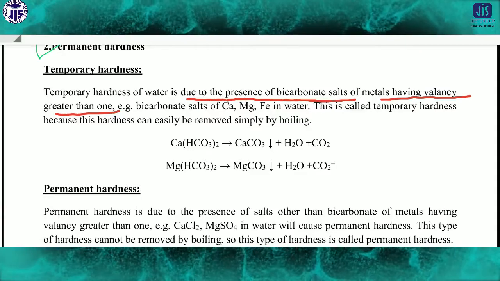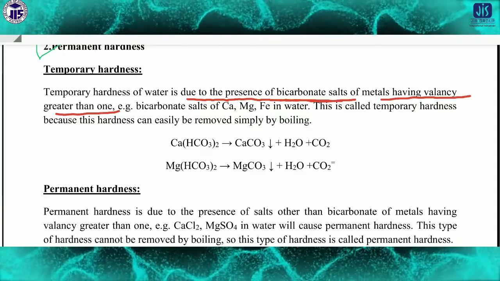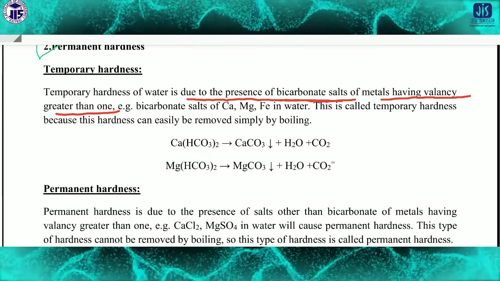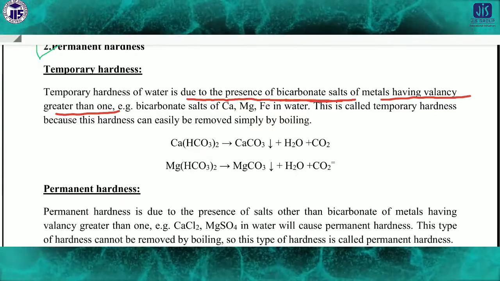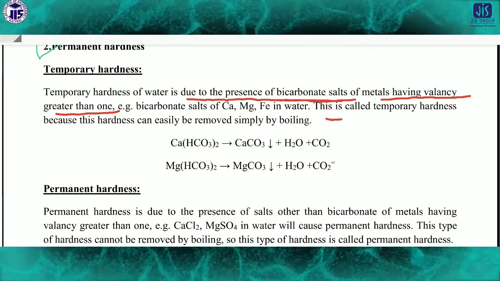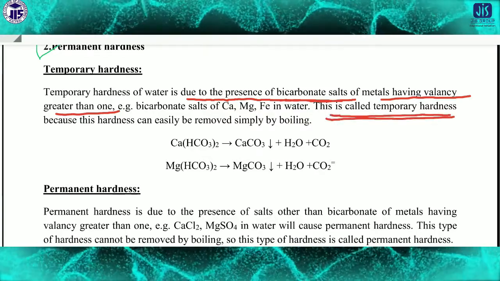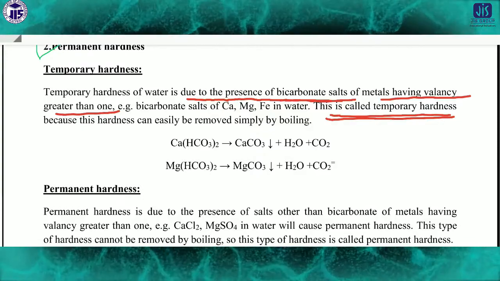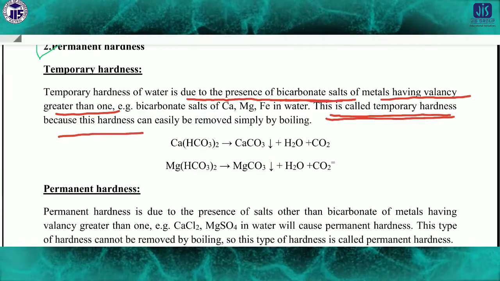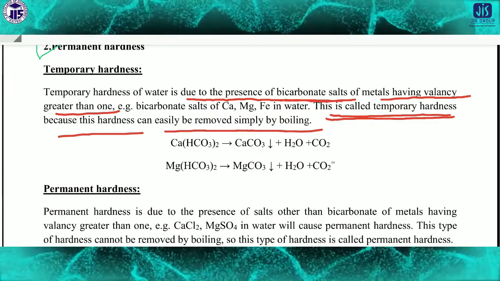So temporary hardness is only due to bicarbonate ions of cations like calcium and magnesium. This is called temporary hardness. Why temporary, I will explain later: you can remove it very simply by boiling.